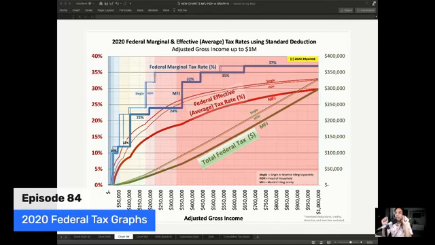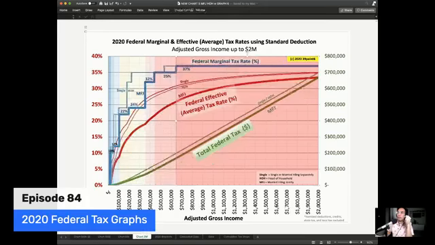When you look at single and head of household, they are very close to each other in terms of total tax; you just get a little bit of a discount. They're basically superimposed. The thick lines are married filing jointly, because this is based off the previous graphs we've done, which were just married filing jointly.